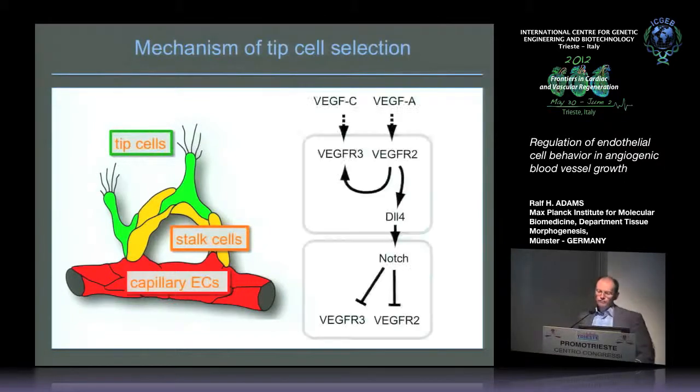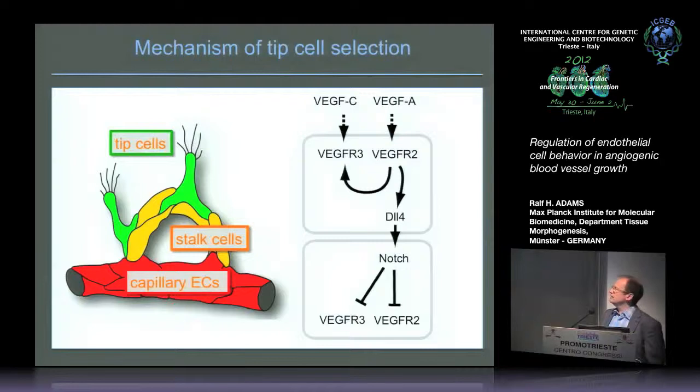And work from many groups over quite a couple of years has developed this model here. Tip cells express high levels of a Notch ligand called delta-like 4, DLL4, shown here.